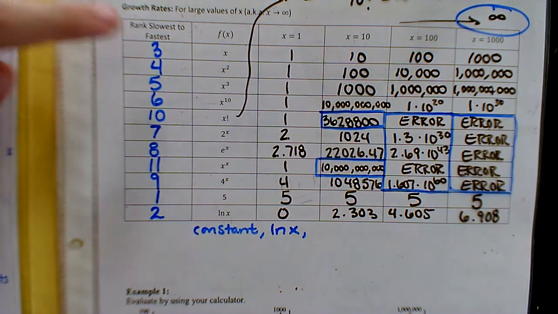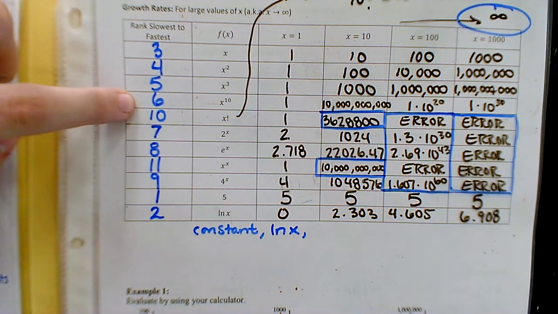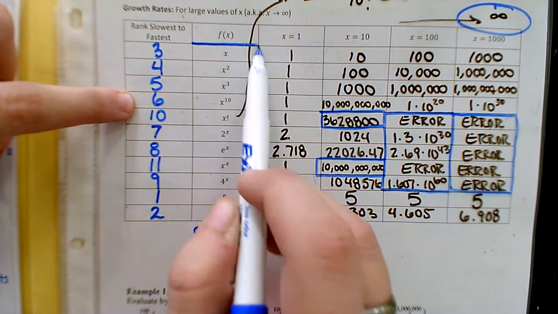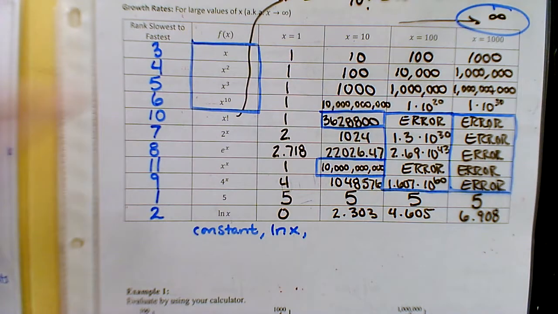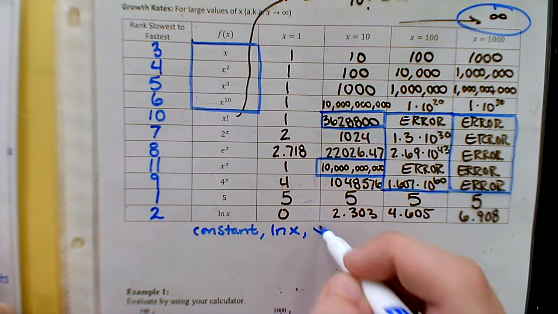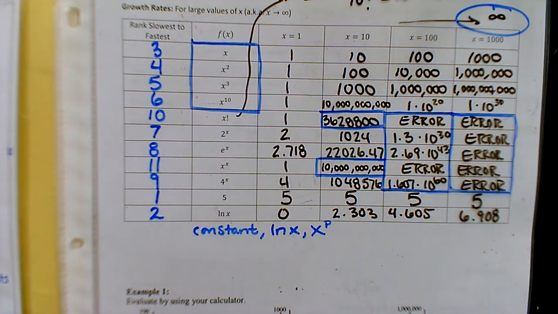And then after that, we got into x, x squared, x cubed, x to the 10th. So all of those kind of have the same format. Those are what are called power functions, where you have x to a power. More typically known as polynomials.